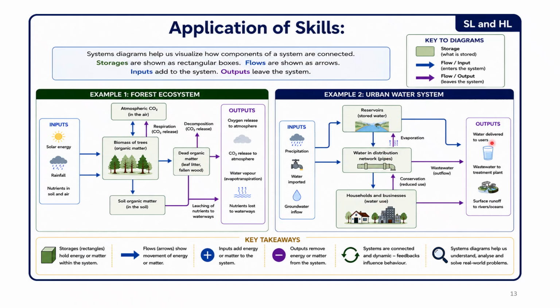Outputs include treated wastewater, surface runoff, and water delivered to users. Processes such as evaporation and water conservation influence how the system functions. The key takeaway is that system diagrams help us visualize interactions, trace flows of energy and matter, identify feedbacks, and analyze real-world environmental and societal systems more effectively.